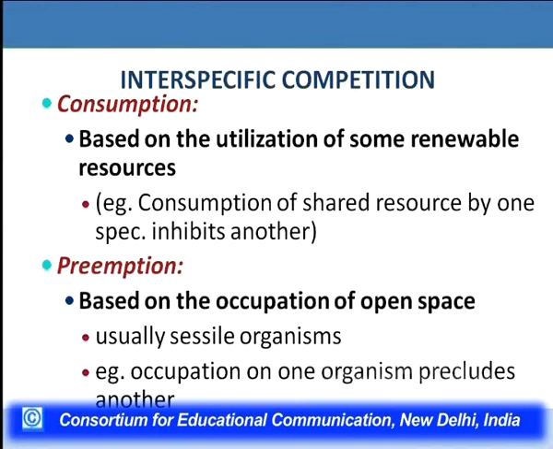Second is preemption competition. This is based upon preempting or preoccupying the space or habitat by a given species. It usually occurs in sessile organisms like plants, or like barnacles or mussels, which get fixed in a particular habitat.